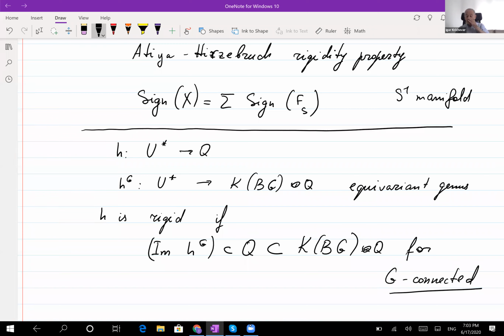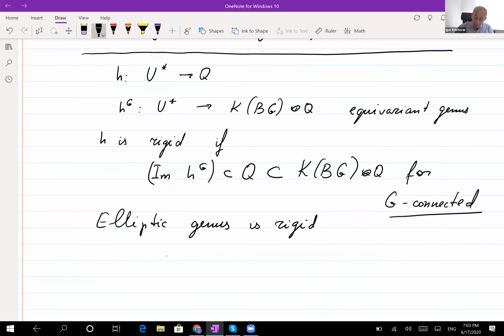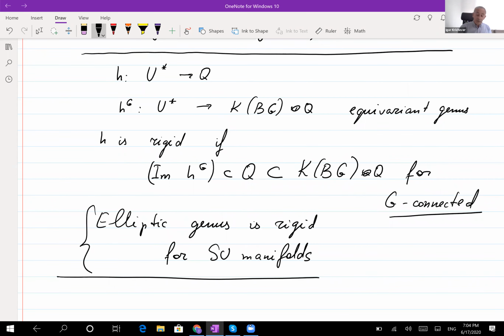So the generalized elliptic genus is a genus having such a property. Elliptic genus is rigid for SU. And the way to do so, this is the theory.